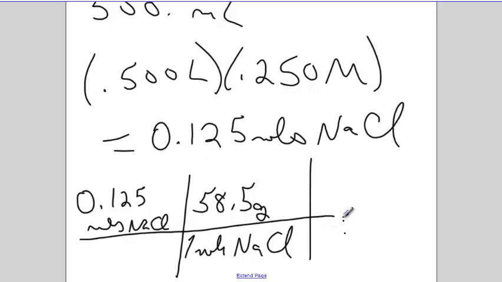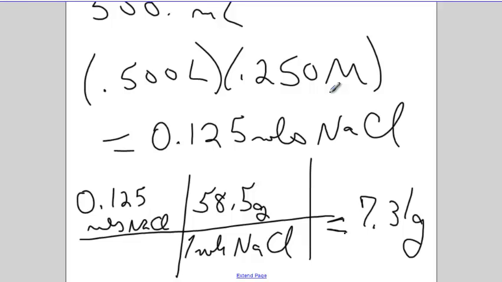And I do my math here, and 0.125 times 58.5 is 7.31 grams.